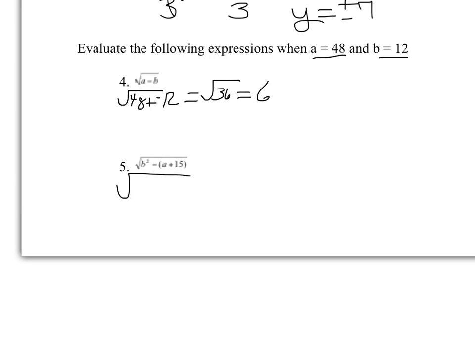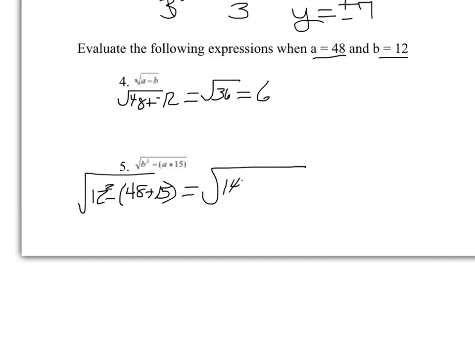5, the square root of 12 squared. Oh, let me erase that and start over. So the square root, there we go, of 12 squared minus 48 plus 15. Order of operations says exponents first, so the square root of 144 minus 48 plus 15.